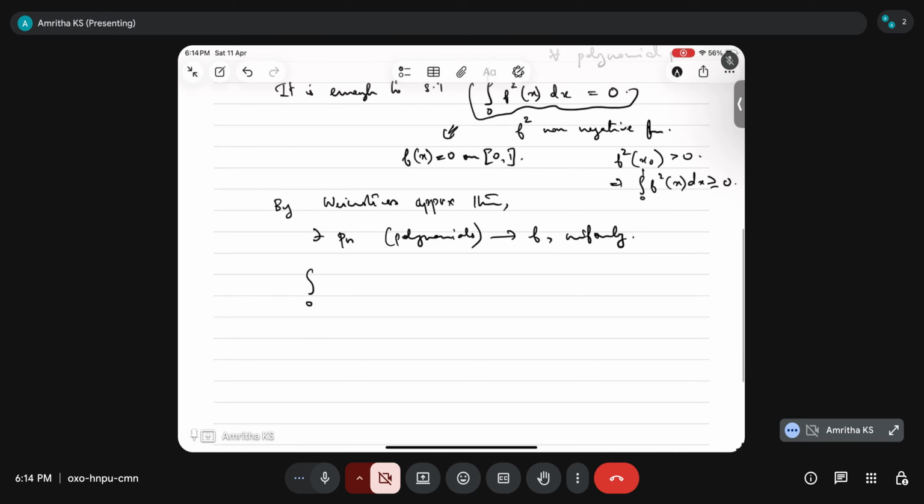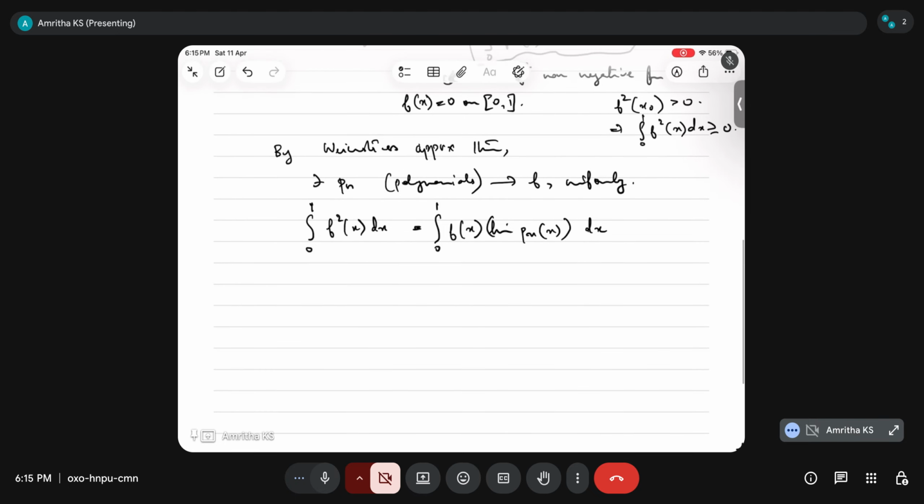So we can write the integral from 0 to 1 of f squared x, I am replacing one f(x) by Pn(x), equal to the limit of the integral of f(x) Pn(x). Now I can take the limit outside because of uniform convergence, right?